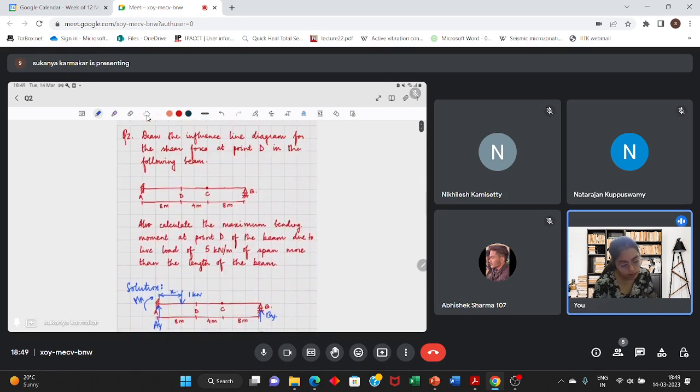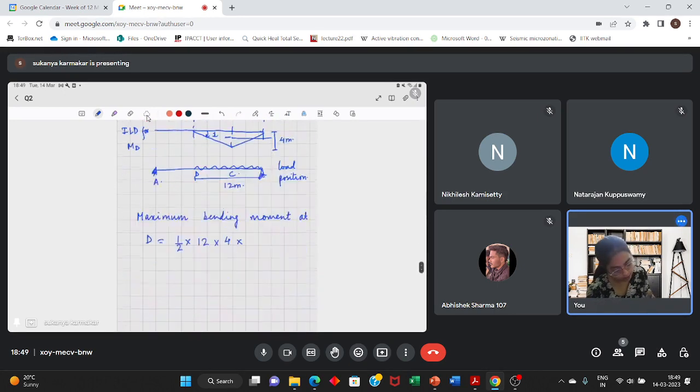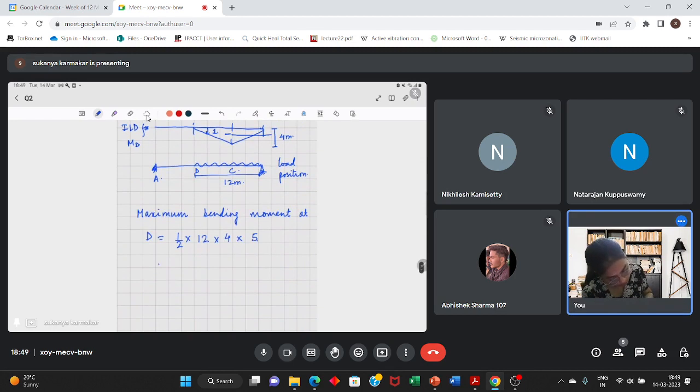What is the intensity of the load? 5 kilonewton per meter, into 5. So this is equal to 120 kilonewton meters.